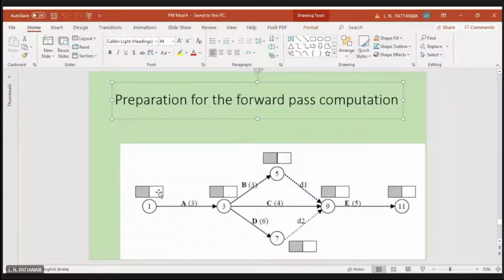And the second block, that is the white in color, that we will fill in the backward pass represents the latest start time, latest, right? So the first block is for earliest, the second block is for latest. So when you are moving in the forward pass computation, you are filling all the earliest start times, and when you are moving back, you are filling all the latest start times.